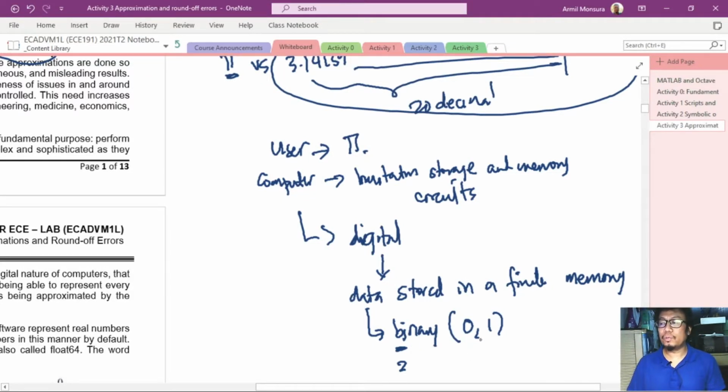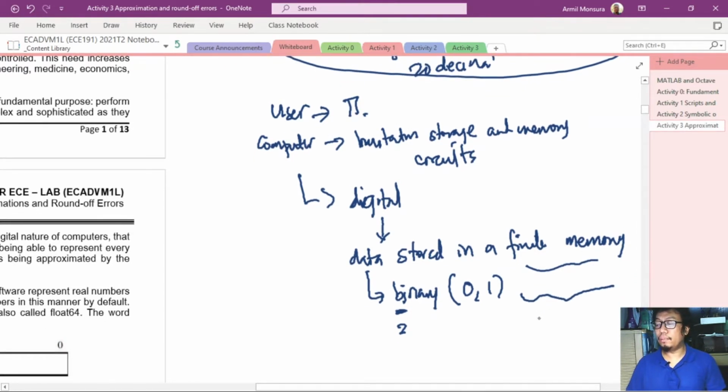Okay? So now, since meron ka lang finite na memory, then there's a finite number of binary digits. There's a limit in how many binary digits you can actually use in order, say for example, to represent your data.